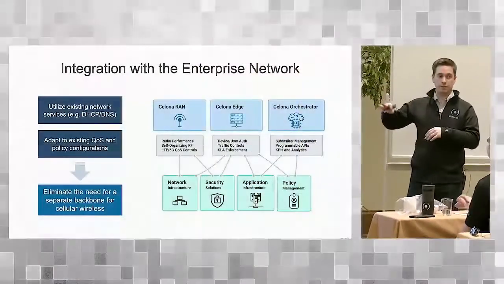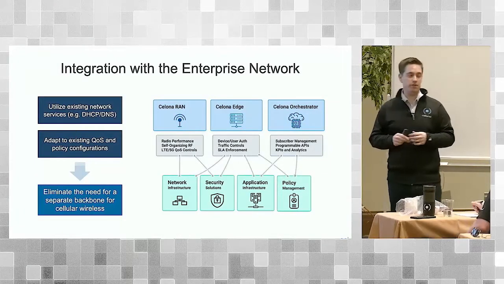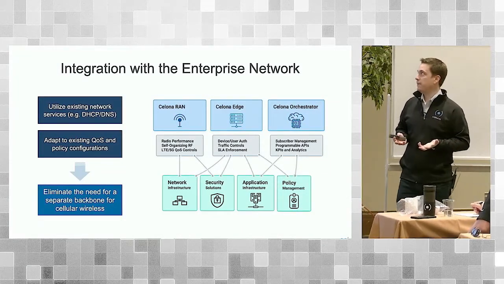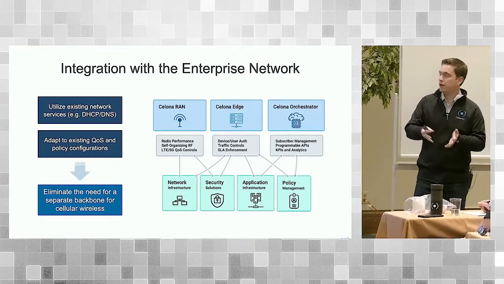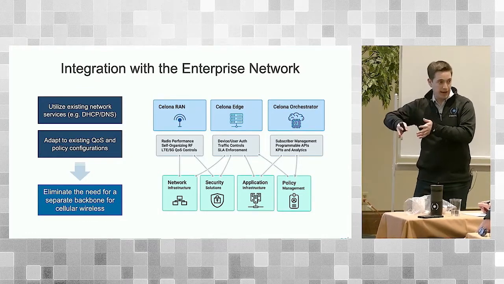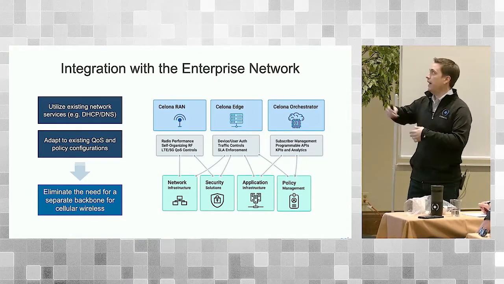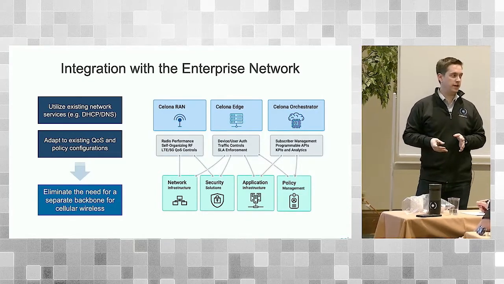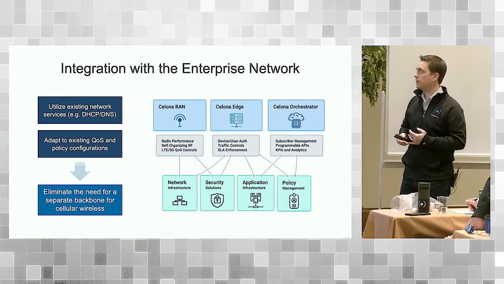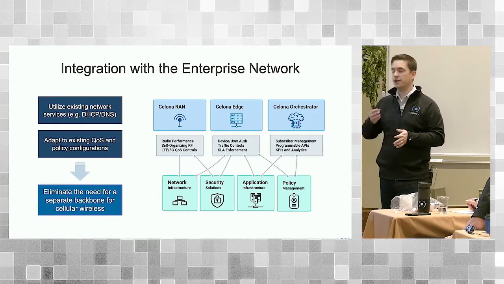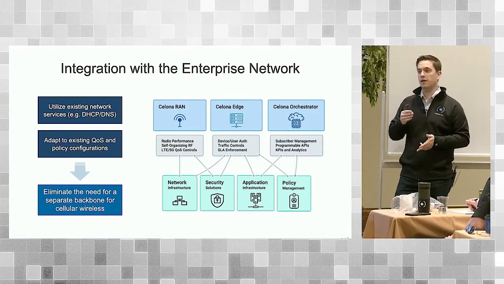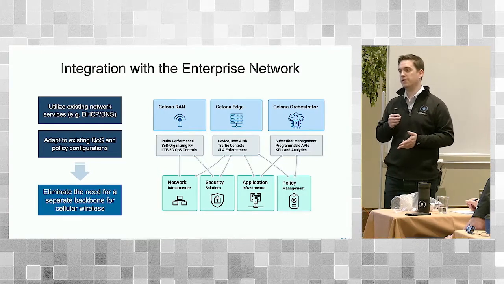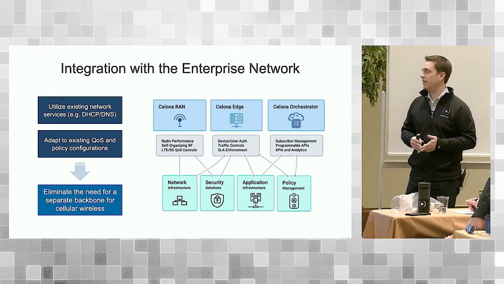After you've done your predictive planning, you need to plan to integrate with your network. That means, from both the radio, the Celona Edge, which is the packet core functionality, and the management or orchestration layer, what touch points do you need to think about for integration into an enterprise network? From the RAN side, you need to touch network infrastructure for cabling, what VLAN segment devices are going to go into, IP addressing, all of that.